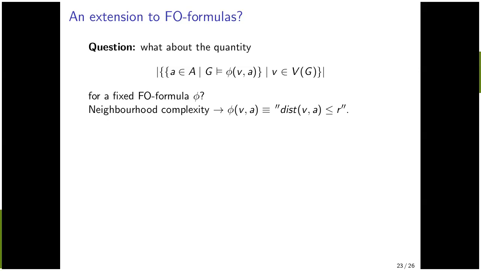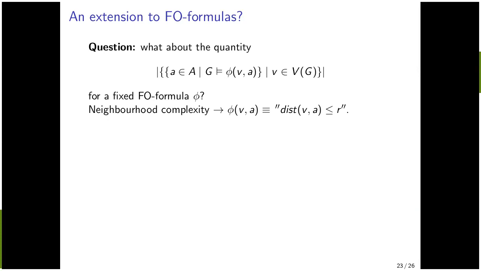Just one remark on why this is a first order formula: we can encode distance between v and A at most r as a formula. There exist vertices x1 up to xr such that x1 is in A, xr is v, and x_i to x_{i+1} is an edge for every i. So we can encode this property as a formula of length big O of r.